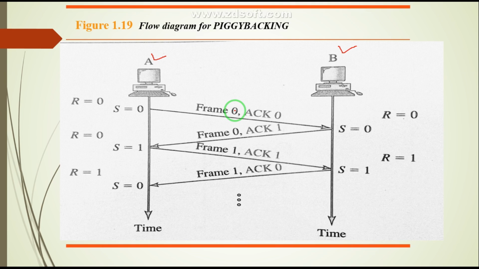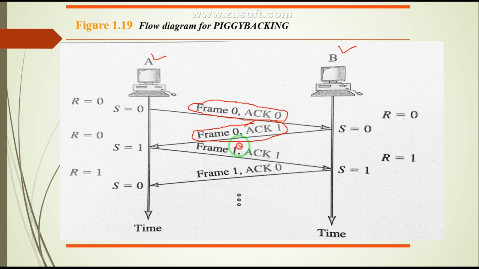So instead of sending the data and acknowledgement frames separately, station A is going to send a data frame that includes the acknowledgement also. See, frame 0 and acknowledgement 0. Similarly, B has a data frame 0 to send to A and it is going to send ACK 1. It means that it tells station A that I received your frame 0, now I am expecting frame 1.